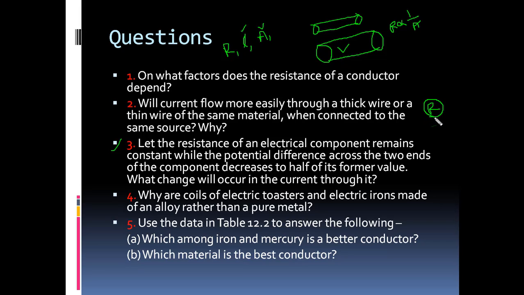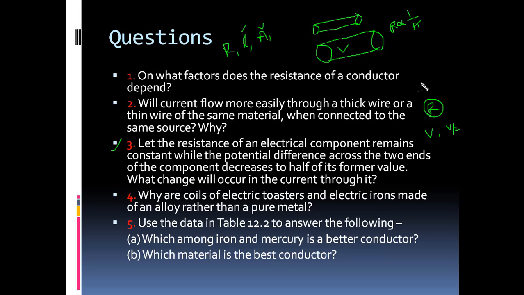There is an electrical component whose resistance is constant, while the potential difference across its two ends decreases to half of its former value. Initially, its potential difference was V. Finally, it will decrease to V by 2. What change will occur in the current through it?